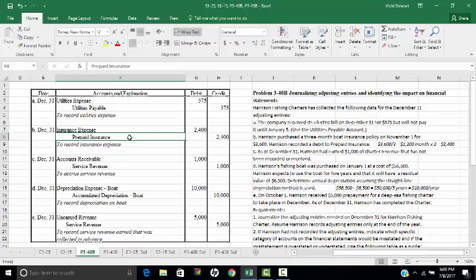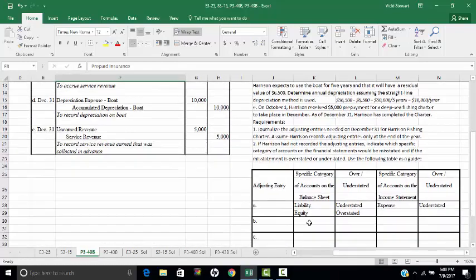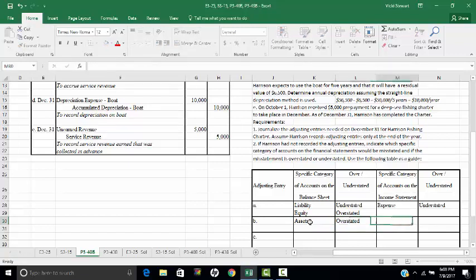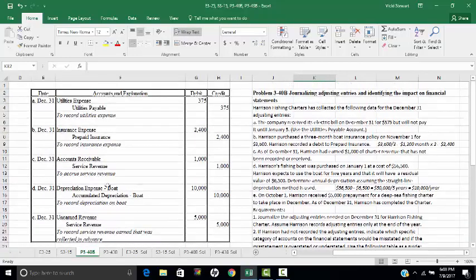So that means if we had not recorded that, our assets would have been overstated. So in this situation, we're going to have assets overstated, and then our expenses again would have been understated, and of course our equity would be overstated if our expenses are understated.